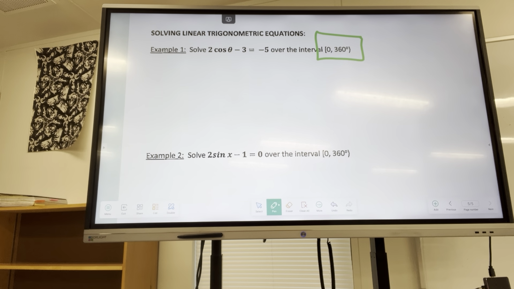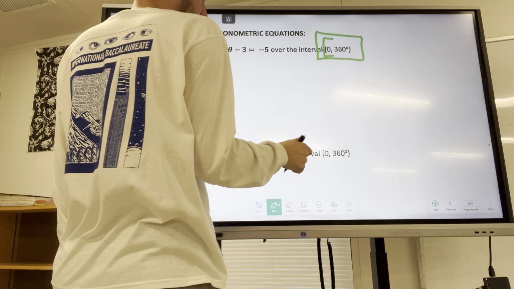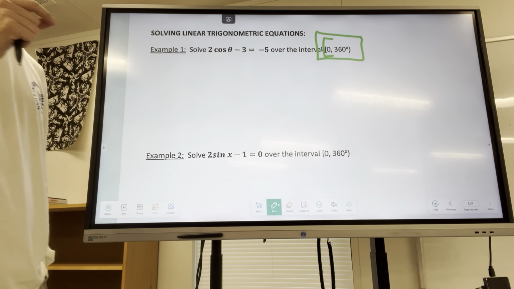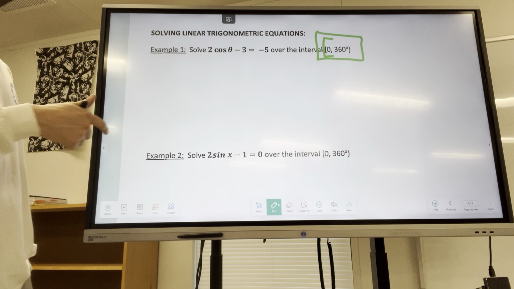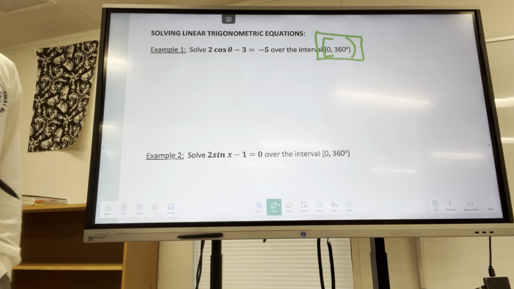In radians, it would be from 0 to 2 pi. Notice that we have the bracket on the 0, which means 0 does count as a possible answer, but we only have a parenthesis on the 360. That means 360 does not count as a possible answer. That could be a tricky question.